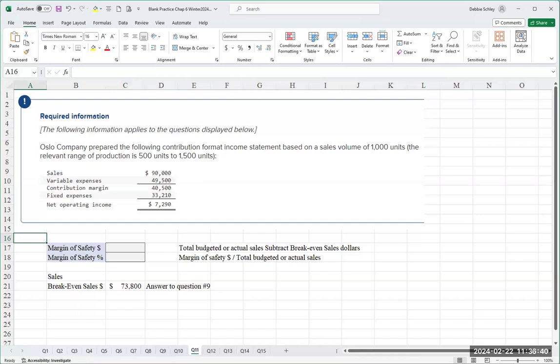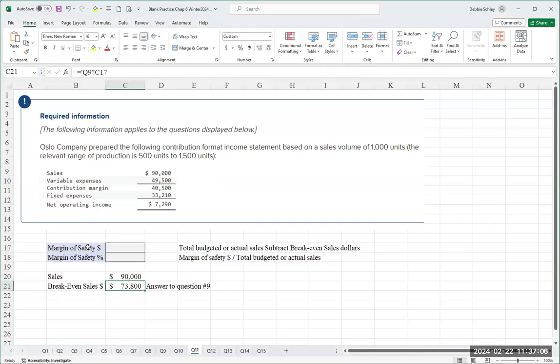Okay, question 11. They want us to figure out the margin of safety in dollars and the margin of safety percent. So remember, break even in sales dollars, we figured out in question 9, and my sales are 90,000, right? My total sales.